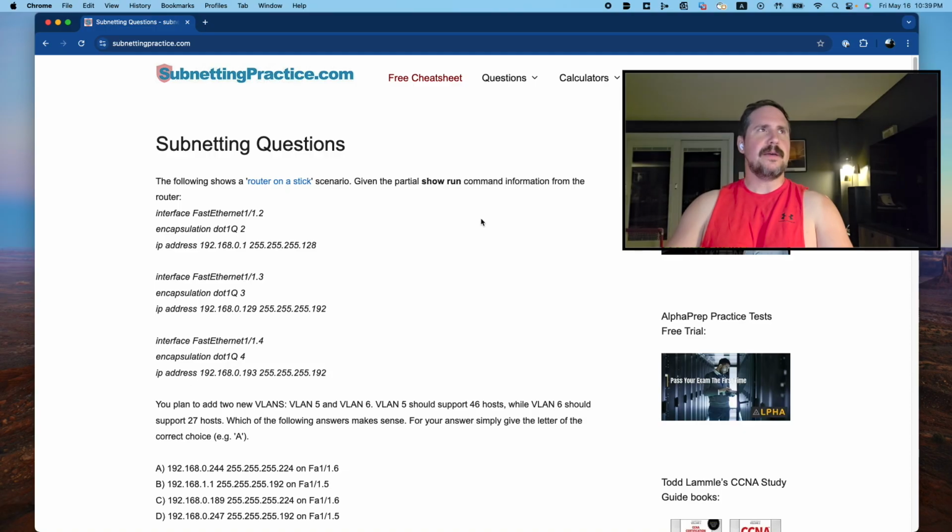Subnetting is obviously an important part of CCNA training, and an important part of IT and of networking in general. So it's very important to have good fundamentals when it comes to subnetting. Subnetting is the process by which we break a network into smaller parts.